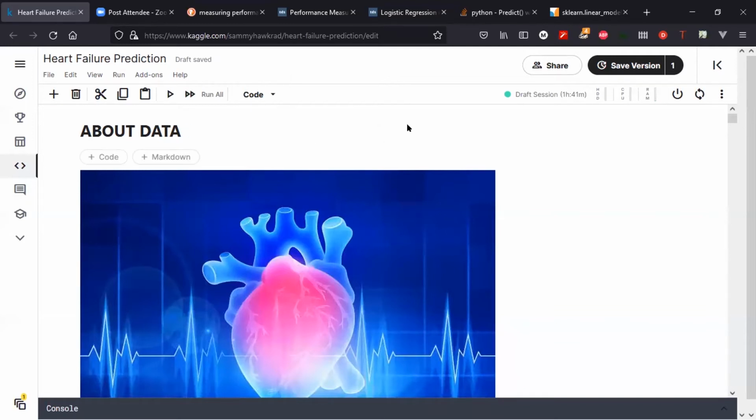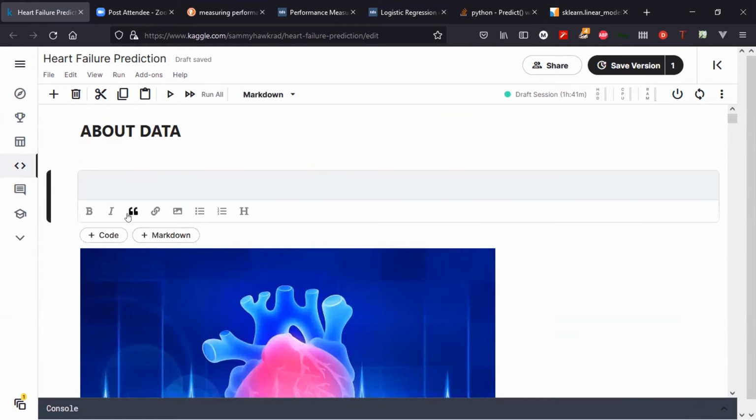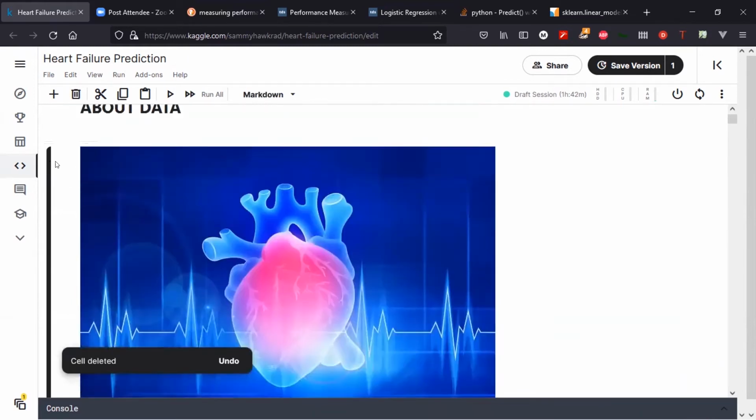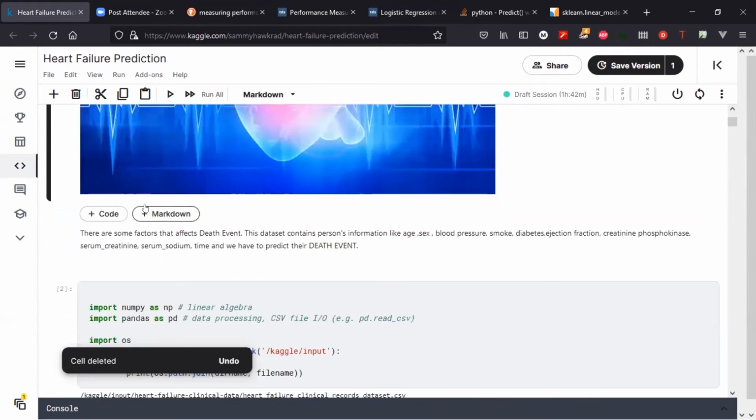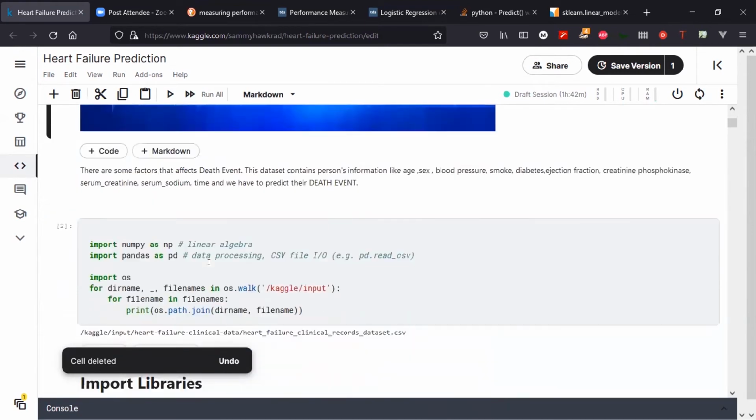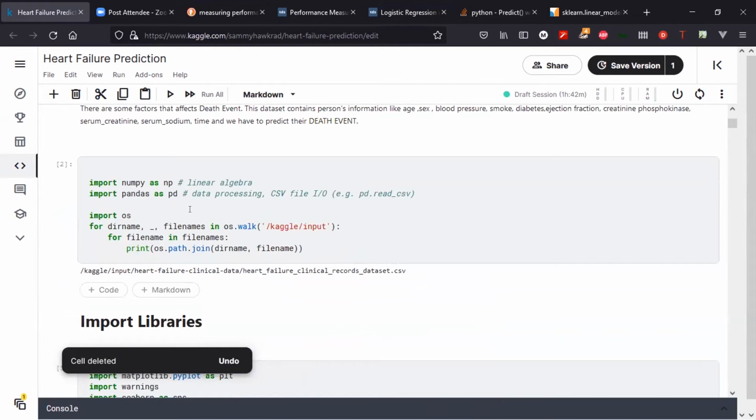So what we have here is a notebook that is being hosted on Kaggle, and they use cells. Each cell can be code or markdown. Markdown is for text, and code is for writing your code to allow you to work with your data.